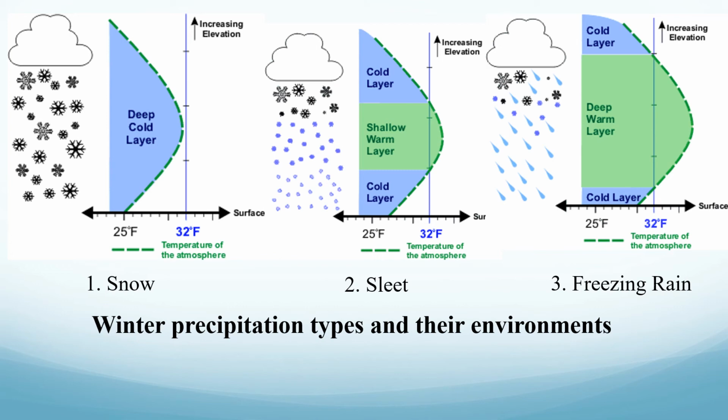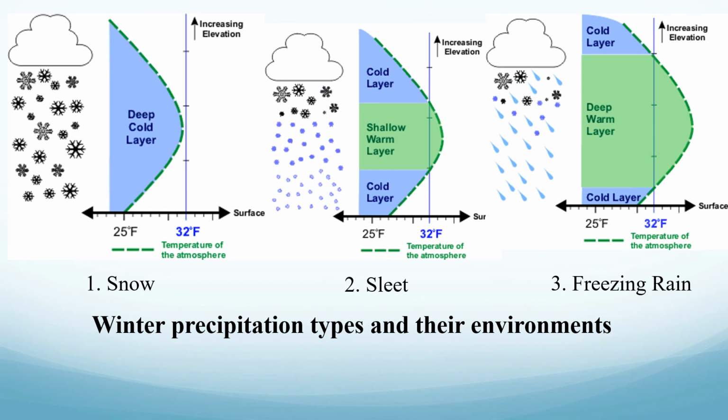So if we look at the third picture, freezing rain will occur if the warm layer in the atmosphere is deep, with only a shallow layer of below-freezing air at the surface. The precipitation can begin as either rain or snow, but all becomes rain in the warm layer.